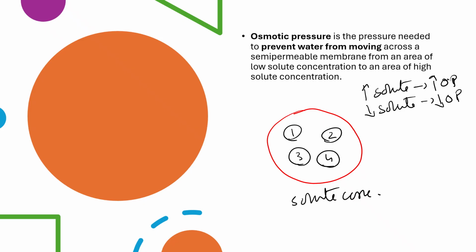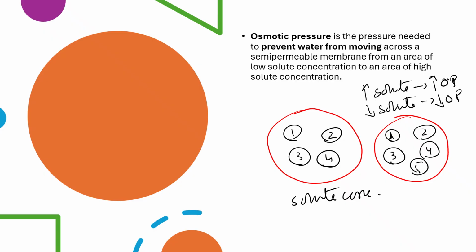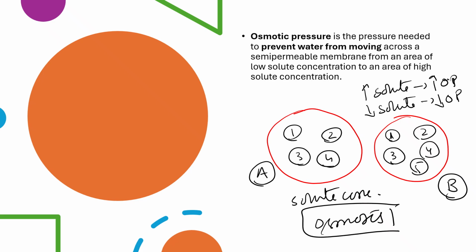So if we draw another cell beside this cell, and let's draw some particles in this cell also, and we name them cell A and cell B. Osmotic pressure is driven by the number of particles inside the cell, and we know for osmosis to happen the water will move from low solute to high solute concentration.